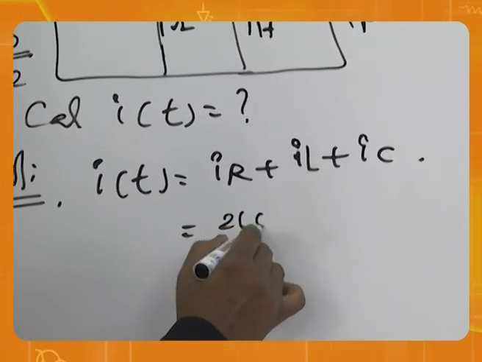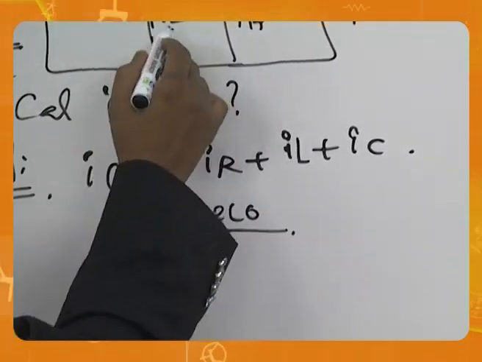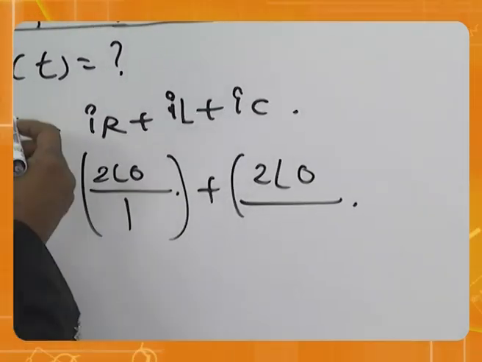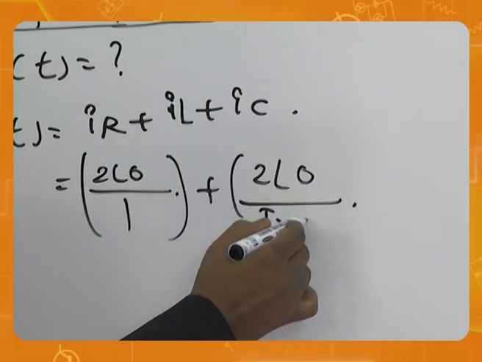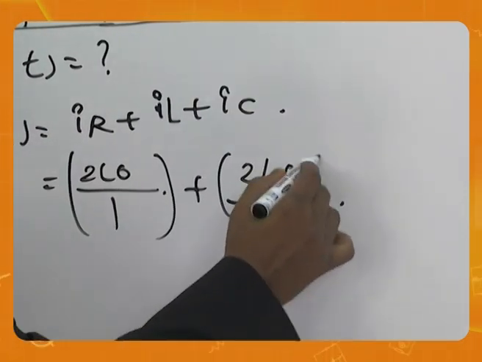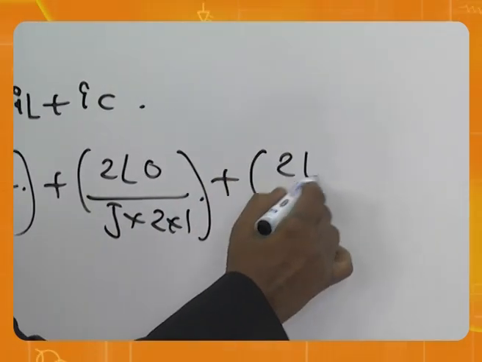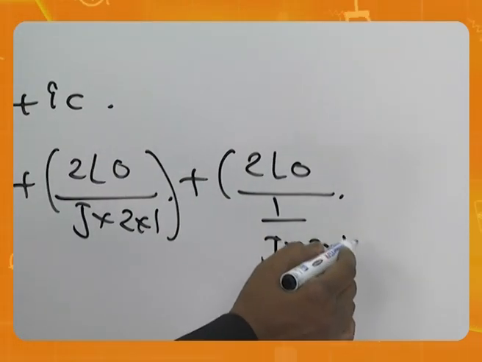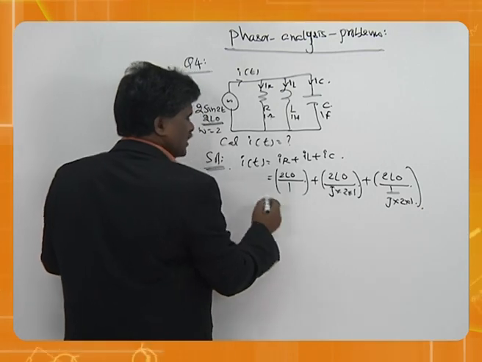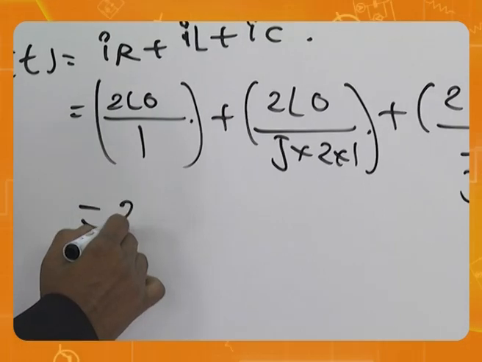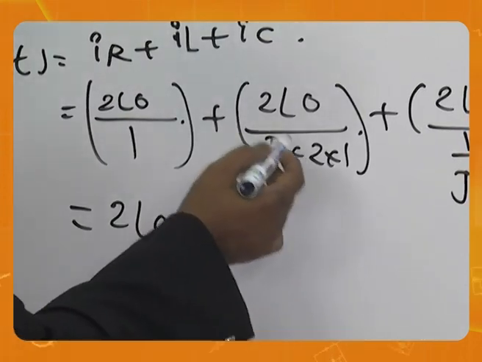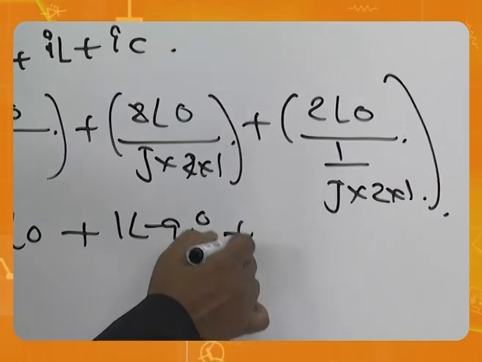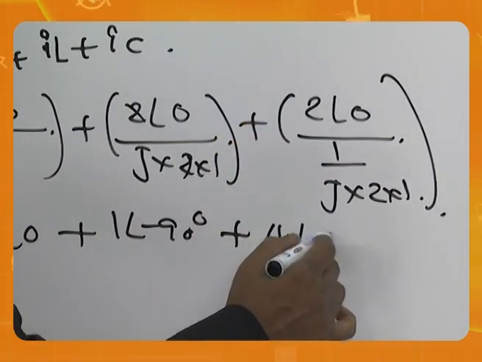So calculate each one. For example, 2 angle 0 by 1, plus 2 angle 0 by j into frequency 2 into 1, plus 2 angle 0 by 1 by j into 2 into 1. Now how much comes? 2 angle 0 here, plus 2 cancels, 1 angle minus 90 here, then 2 and 2 multiplied, 4 angle plus 90 here.